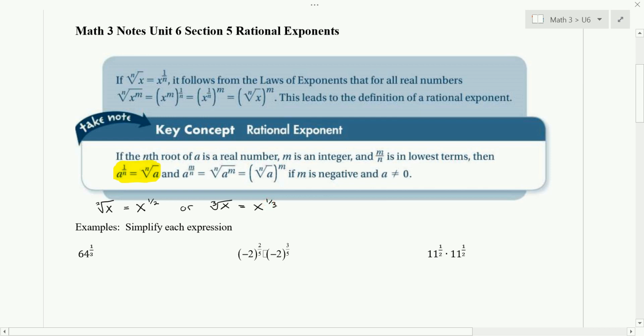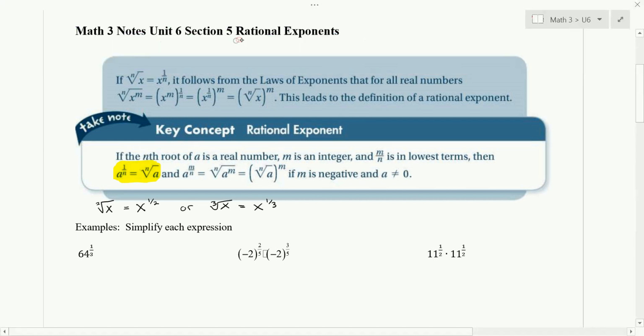Okay, so you can represent roots as fractional exponents, and by doing that, then we can now apply all those rules we learned about exponents to roots, and it allows us to do some more things than we were able to do before.